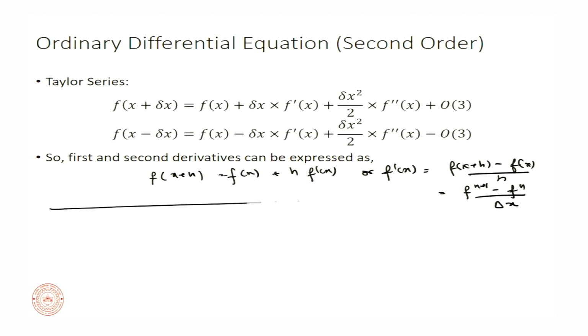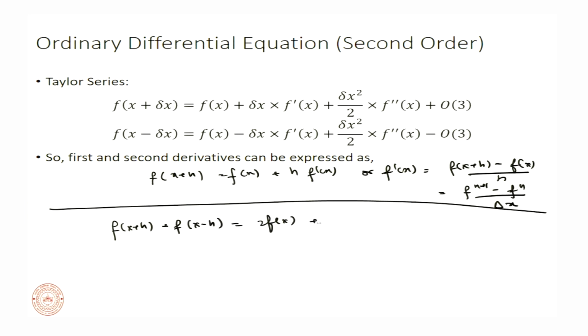Okay. Second order derivatives can be found from the first two derivatives. If you add these two terms together, then your first order derivatives cancel out and you will have f of x plus h plus f of x minus h, is that term is missing, plus h square f double prime x. Okay. Or f double prime x is equal to f of x plus h minus 2 f of x plus f of x minus h divided by h square. Okay.